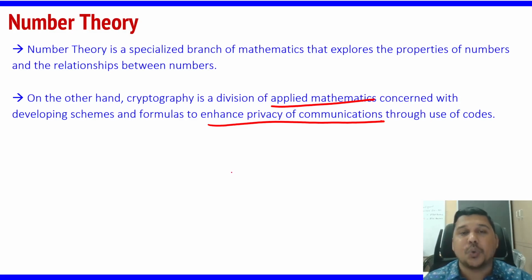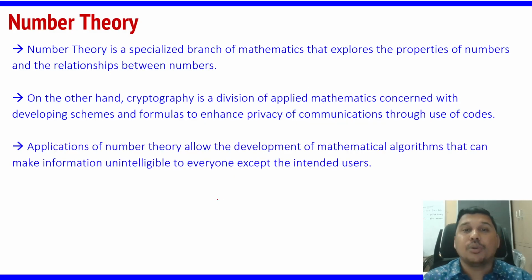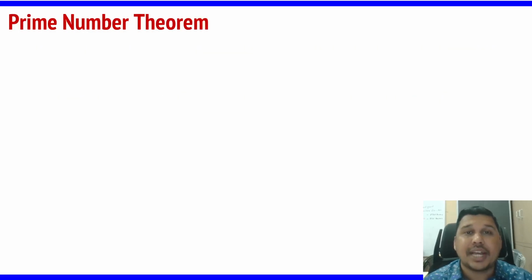Your message is secure. So we are doing some transformations using number theory. We are going to study the applications of number theory, and many mathematical algorithms which will help us understand those cryptographic algorithms in computer science, right? As part of that, we will start our learning of the concepts.